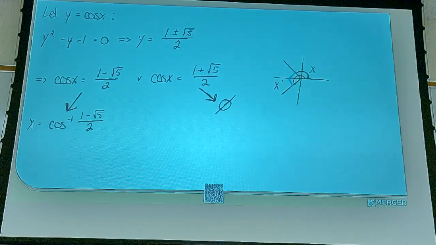It would be x plus pi over 2. Right? Is the blue angle the same angle as x? No, that's a 90-degree angle.